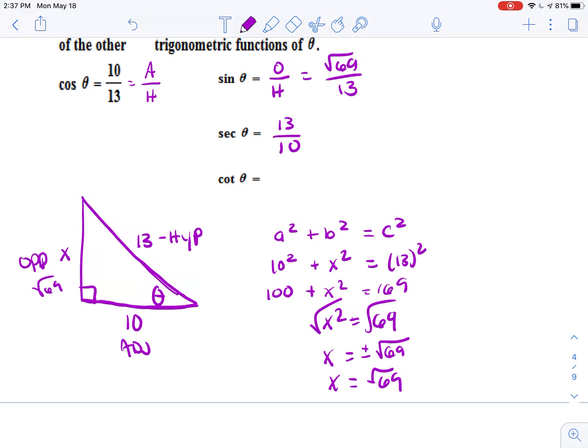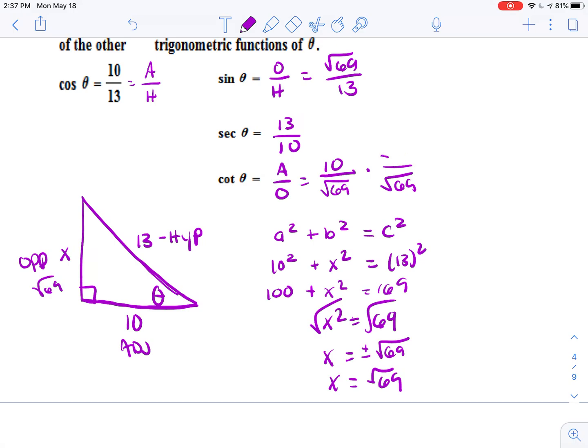Nothing to be reduced. What is cotangent? Okay, cotangent is the reciprocal of tangent. So opposite over adjacent becomes adjacent over opposite. So what is my adjacent? 10. What is my opposite? Radical 69. I have a radical in my denominator, so I have to rationalize.